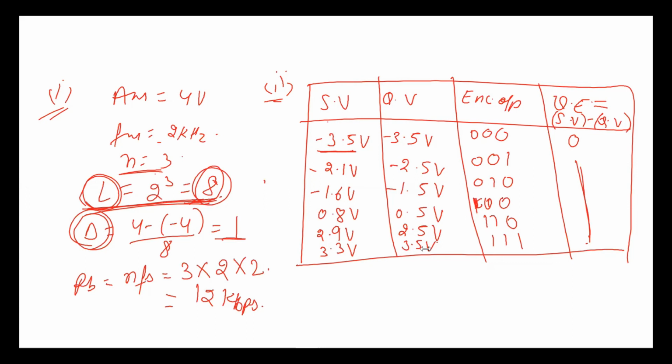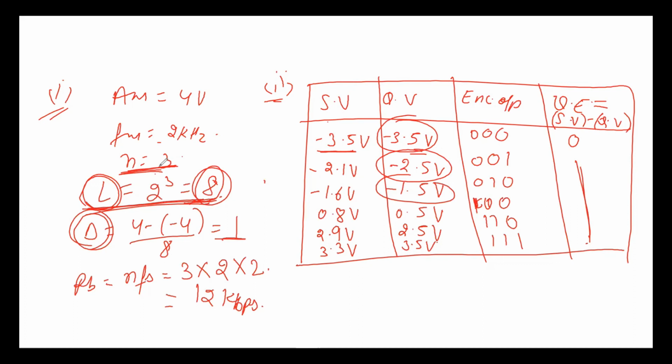Okay, so encoder output. You know what the function of the encoder is. It will represent each of the quantization voltages as a unique binary sequence. But we have to use how many bits? We have to use 3 bits because n is 3. In the question it is given that the message signal is transmitted by using 3-bit PCM.